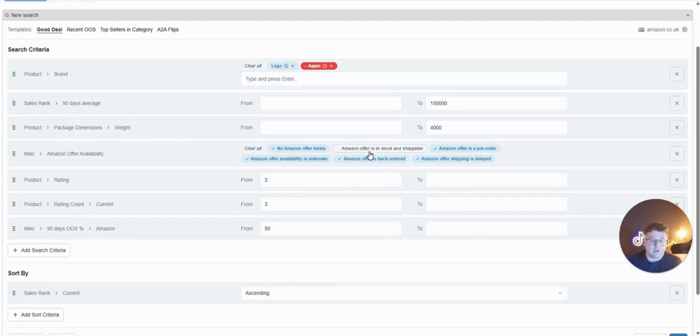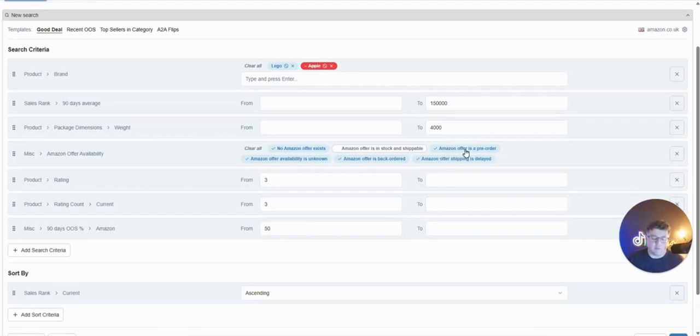If you have got Amazon offer is in stock and shippable, mixing that with this 90-day out of stock is going to mean that Amazon is going to be on the listing currently, but they may be having supply issues, so going in and out of stock for the last 90 days. Potentially with these results, you might also bring in newer listings. So personally for me, I don't want to be looking at newer listings. I want to be looking at the historic data to give us that educated analysis of the product so we know about the history of that product.